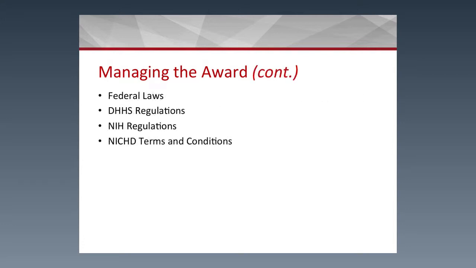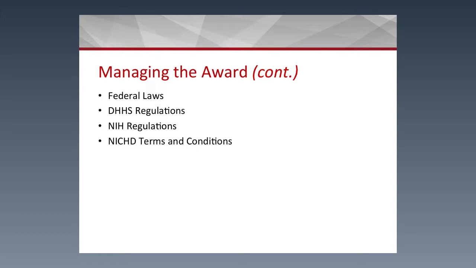Now, in managing the award, there are many federal laws. There's the DHHS, Department of Health and Human Services regulations. There are also NIH regulations and NICHD terms and conditions.